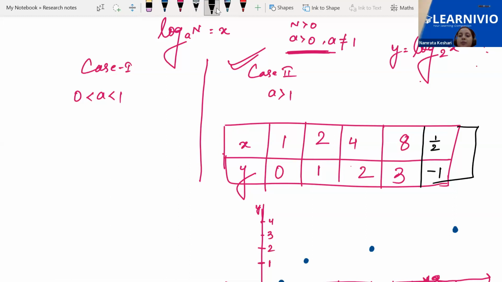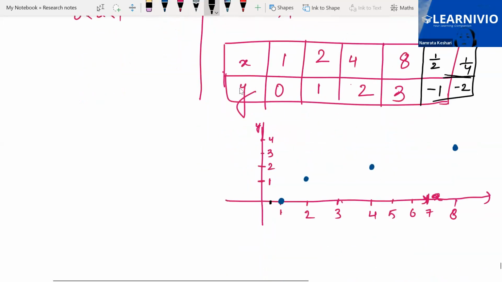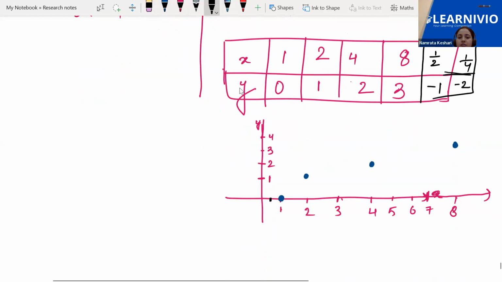If we take 1 by 4, it can be written as 2 to the power minus 2, right? Minus 2. Let me locate it. When we took 1 by 2, that means 0.5, the result came out as minus 1. So here. When we took 1 by 4, somewhere very close to 0, here the point is 1 by 4.